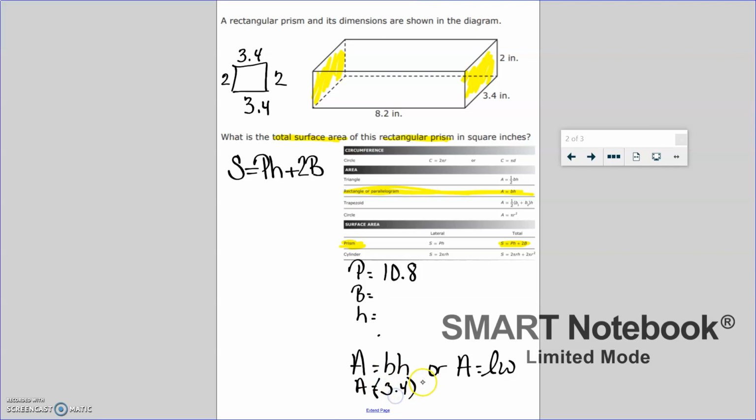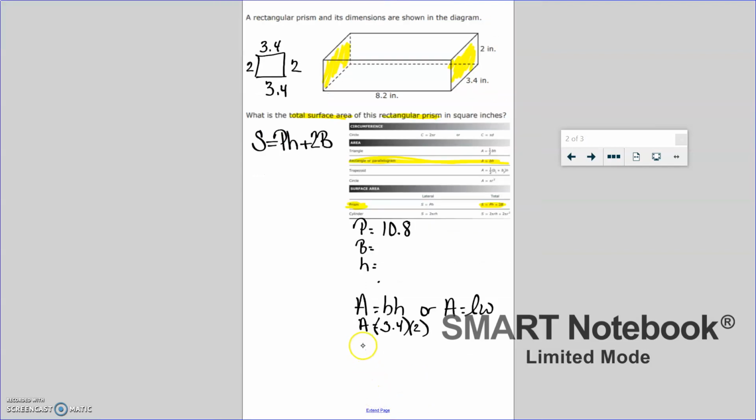The height of my rectangle is 2. So the area of the base is going to be 6.8. So area of the base is 6.8. The height of our prism, remember, is the distance from one base to the other, which gives us 8.2.